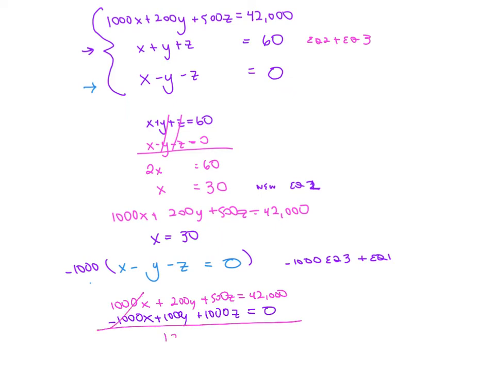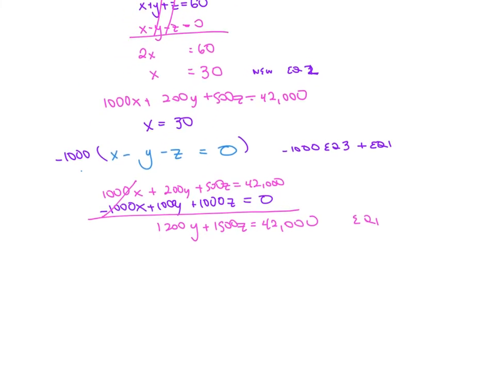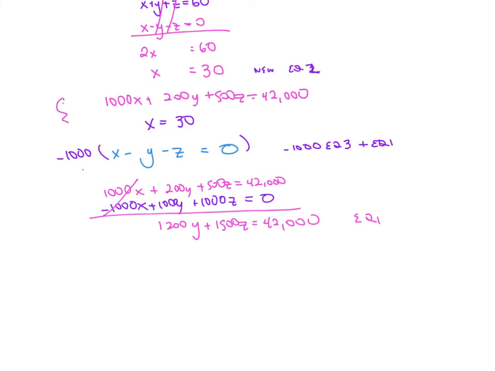So we get 1,200y plus 1,500z equals 42,000. So we'll call that our new equation. I'm going to move everything around. Okay, so let me just write everything that we have so far. So we have 1,200y plus 1,500z equals 42,000.